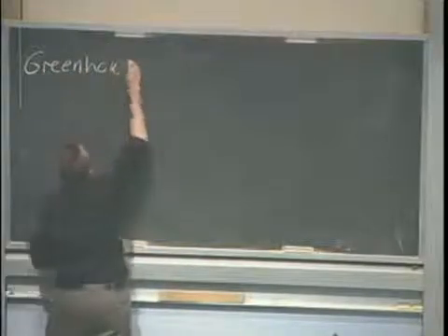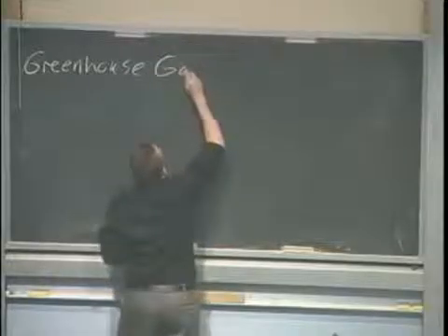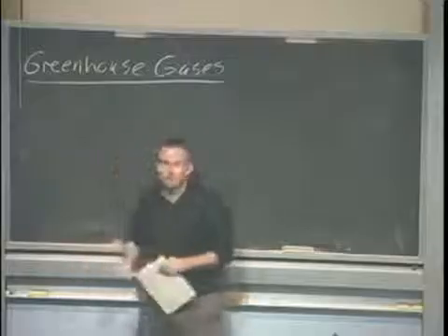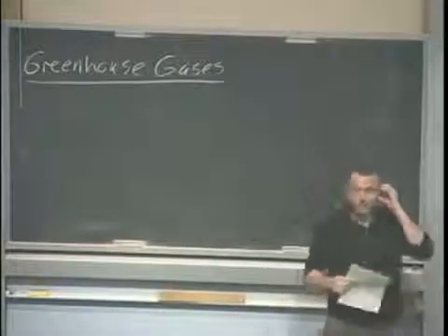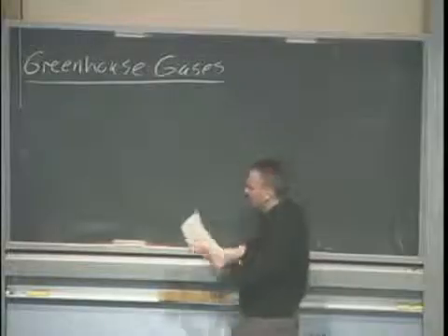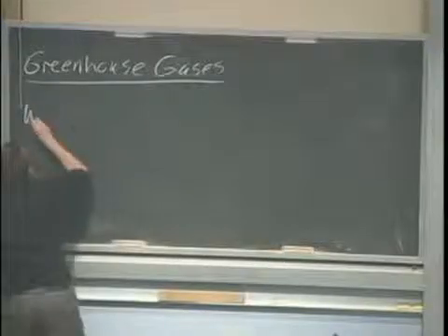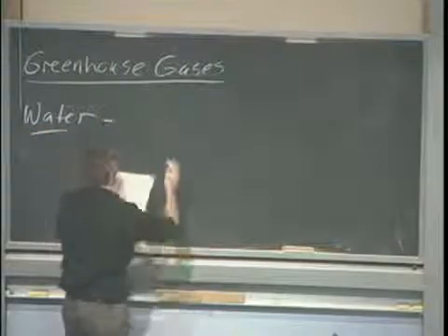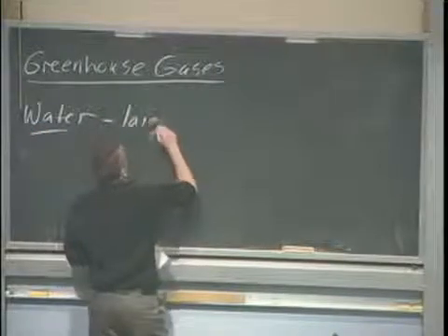There are more than these three, but these are the three dominant ones that have the major effects. And then there are other ones which are a little bit smaller. So the first one is water. Water is the largest component.